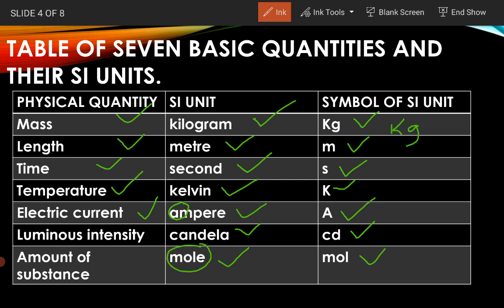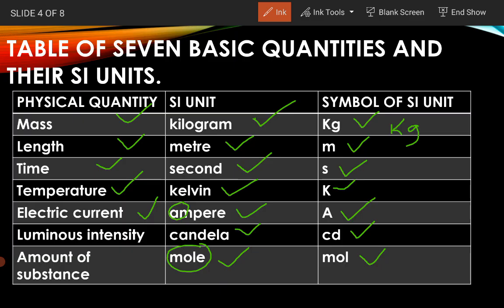So I'm saying that you should make sure you memorize this table, know the physical quantity, its SI unit, and the symbol of the SI unit. What you need to take home is the fact that there are only 7 basic quantities.